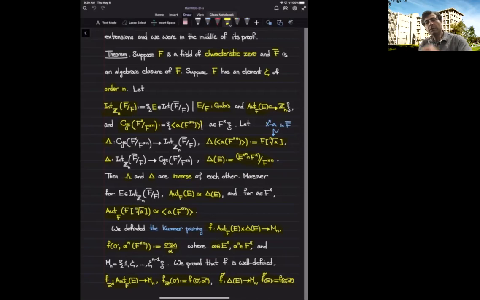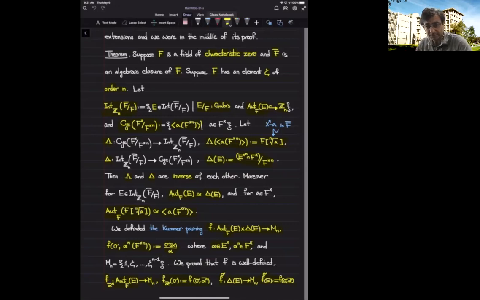Now we want to give a bijection between these two sets. We start by defining lambda that takes a cyclic subgroup of F cross over F cross to the n and spells out a cyclic extension of the base field F, where the degree of the extension is a divisor of n.